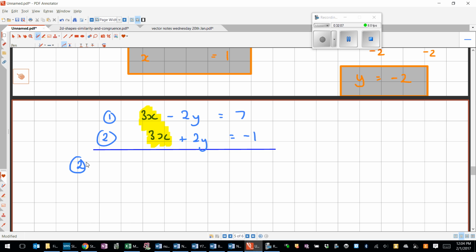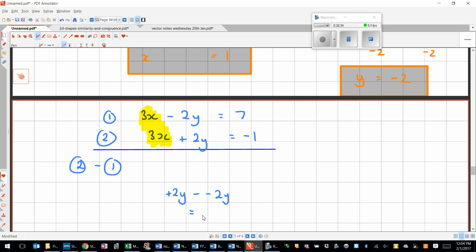So notice how I'm writing this out every time. So 3x subtract 3x, it's gone. That's all right. So then I've got positive 2y, subtract negative 2y, makes 4y.